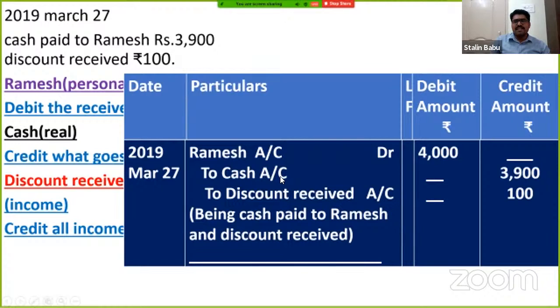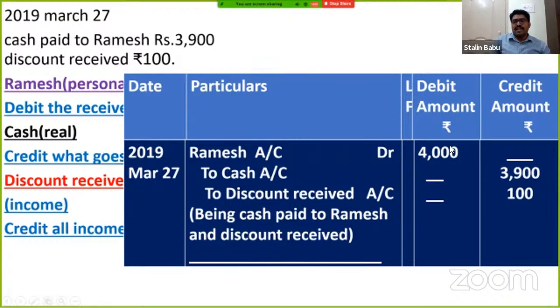How much cash did we pay? 3,900. How much discount received? 100. So what is the total of the credit? 3,900 plus 100, total 4,000. The 4,000 is entered in the debit amount column against Ramesh account. Why are we writing 4,000?